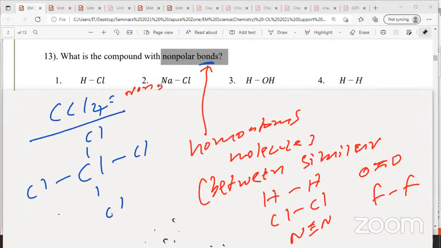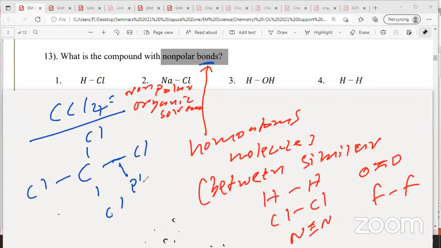It's a covalent compound solvent. Even though it's non-polar, each bond is polar. If you take the C-Cl bond, because it's different atoms, in the middle is C, surrounded by Cl.